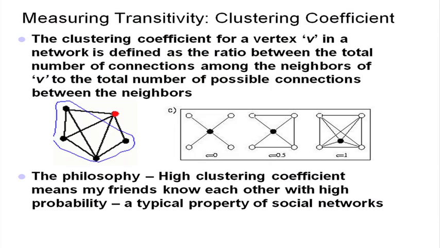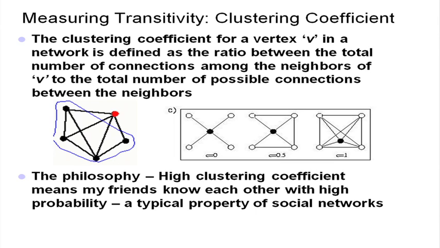You express that as a fraction of the maximum cliquishness possible. This fraction is estimated for each individual node, and then for the whole network you just average out all the individual clustering coefficients. That is how you define the clustering coefficient of a particular network.